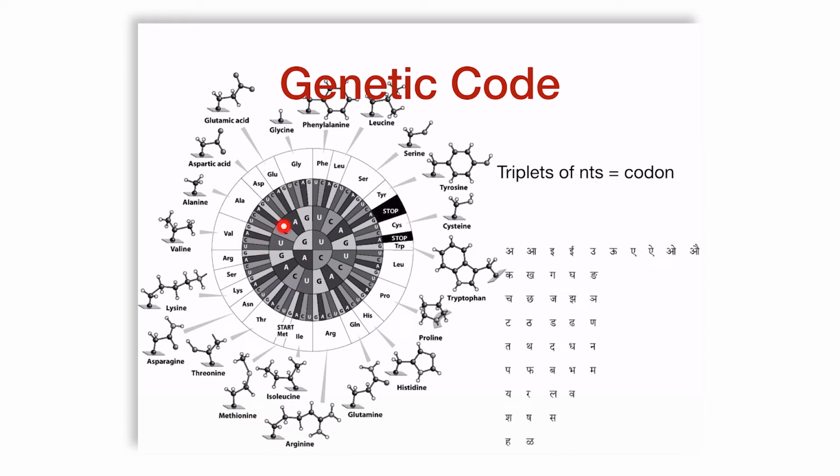This codon to amino acid mapping forms, in some senses, the crux of the genetic code. It's the secret language of genes and proteins. So triplets of nucleotides are a codon, and they encode in a redundant manner for amino acids. Some of them, like UGA, UAA and UAG, encode for stop. This is translational stop. There should be no more translation at and beyond this point.